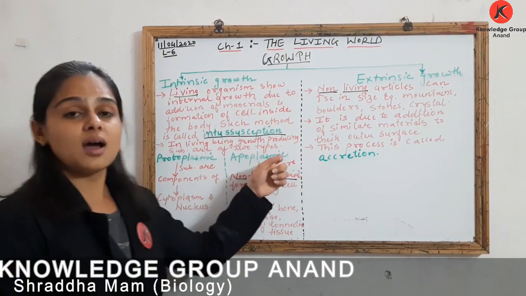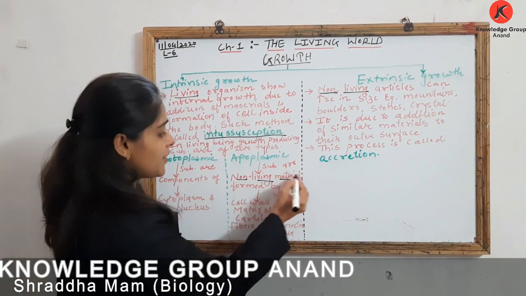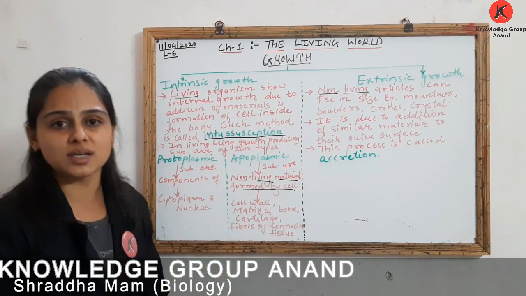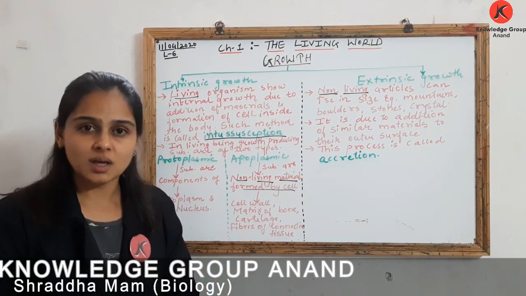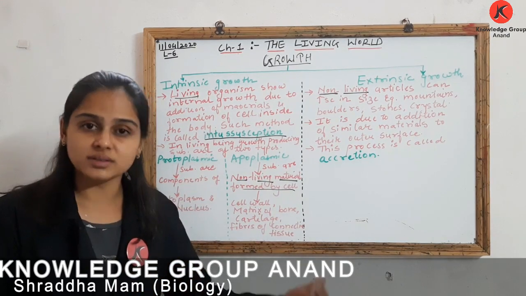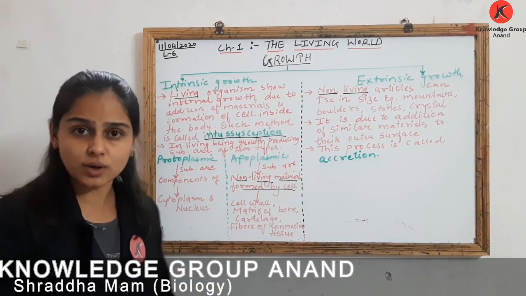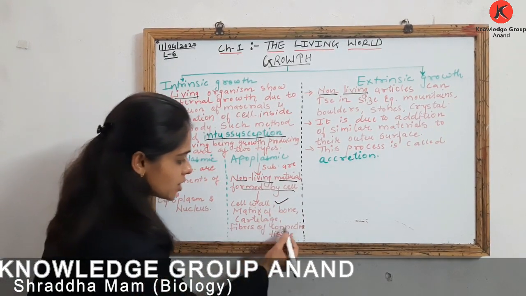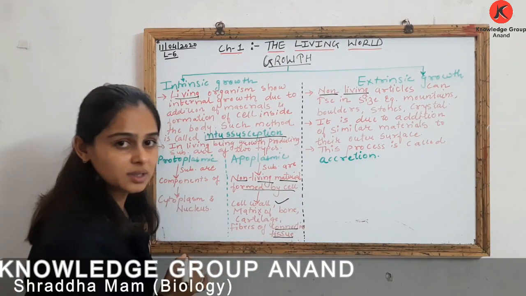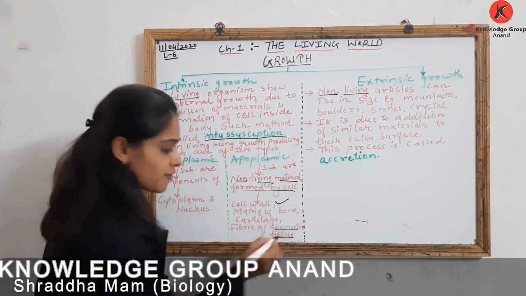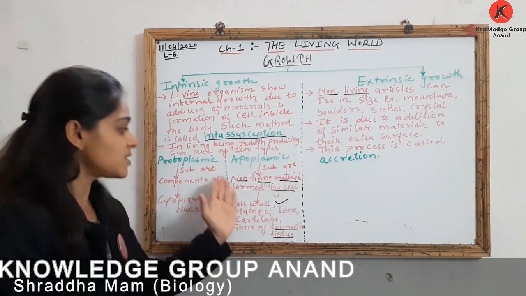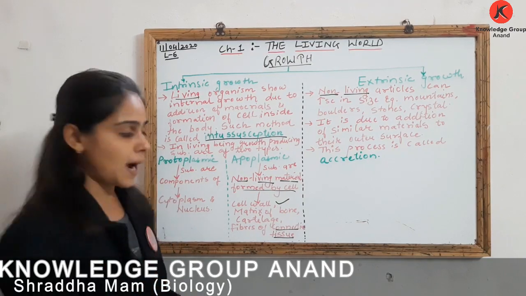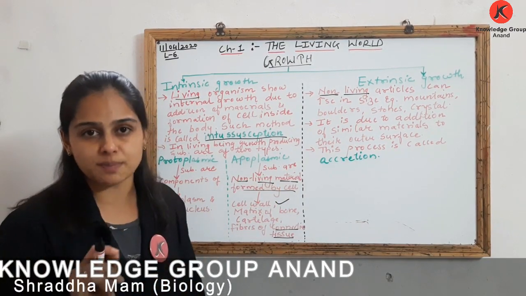These are nothing but non-living material formed by the cell. Examples I have mentioned here: matrix of bone, which we will understand later on, then cartilages, the cell wall, and one more I have written, fibers of connective tissue. All these are non-living material which are formed by the cell. So this comes under your apoplasmic substance.